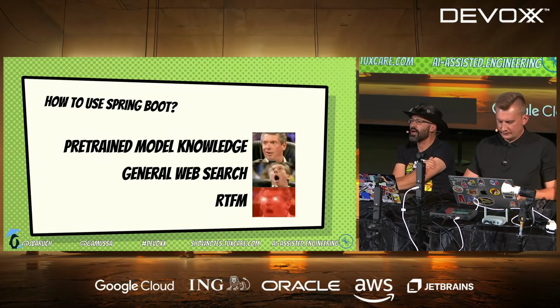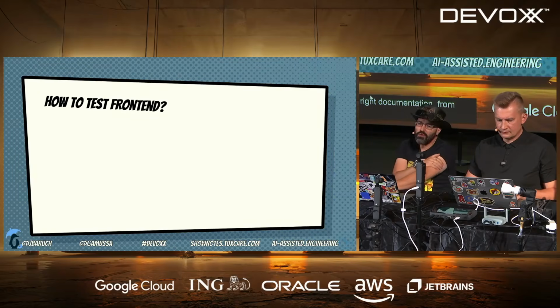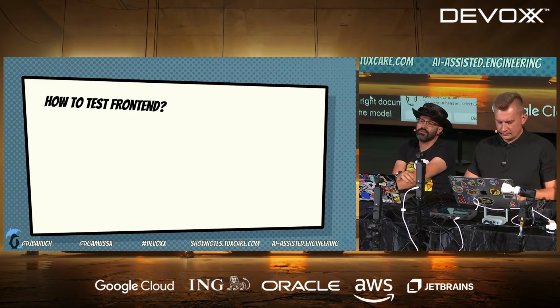We can instruct the model to actually read the manual, to make sure that it reads the right documentation from the source. We'll show you in a second how. How the model can test front end or web.